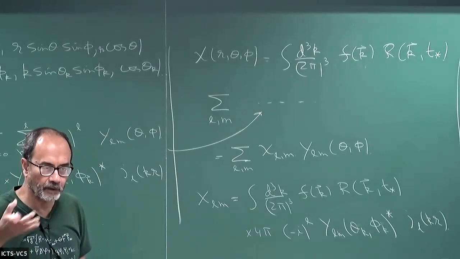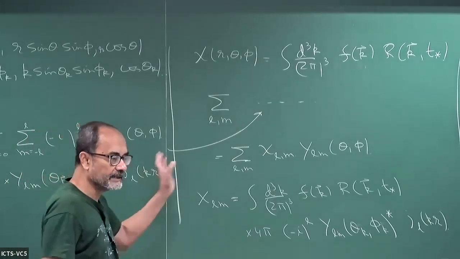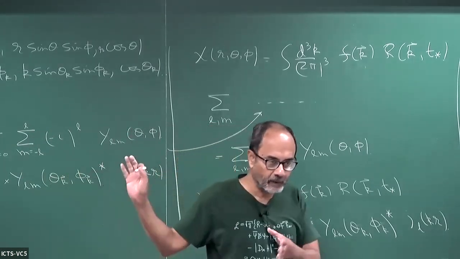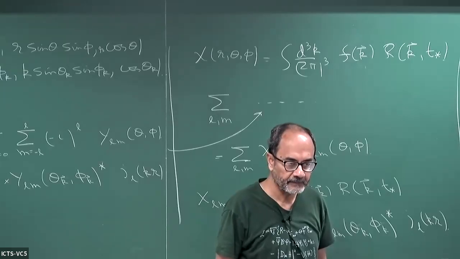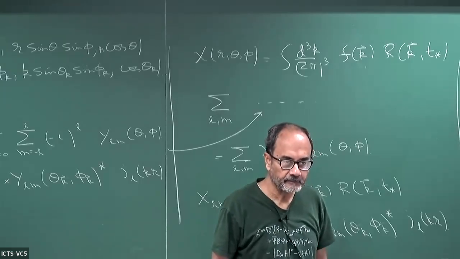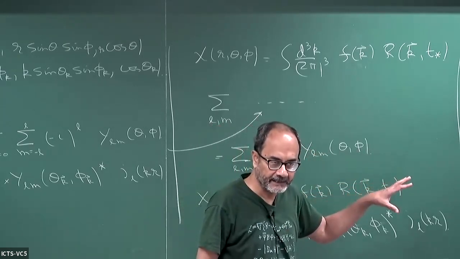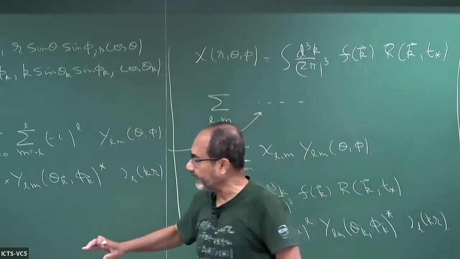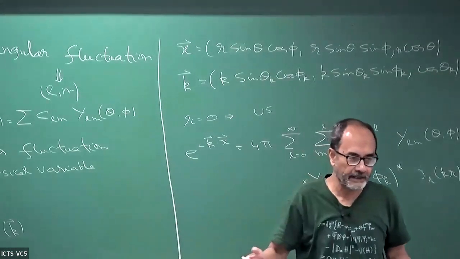You calculate the 2-point function in angular coordinates. So we just have to translate the fluctuations we have calculated in momentum space to lm space. That's all we are doing here. In essence this is basically kinematics, and the dynamics is already there in determining this f of k. Now we are just trying to change coordinates.